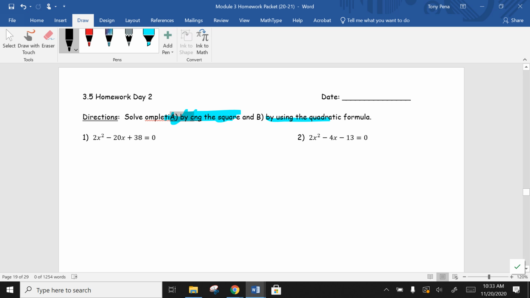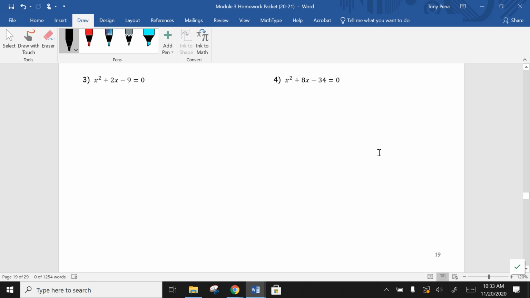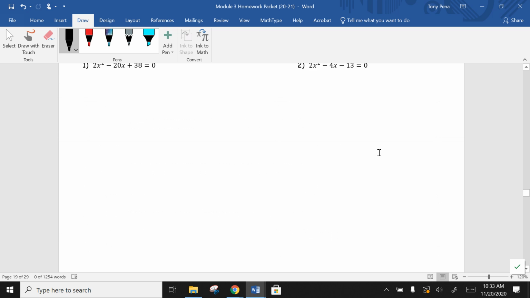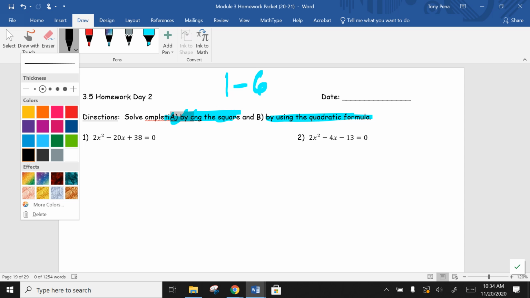I just want you to solve these by using the quadratic formula, 1 through 6. I just want to see a few more of those, quadratic formula only. That's going to be due on Monday.